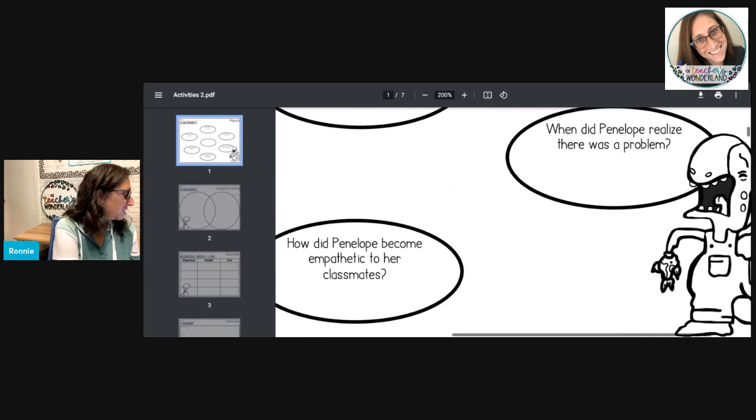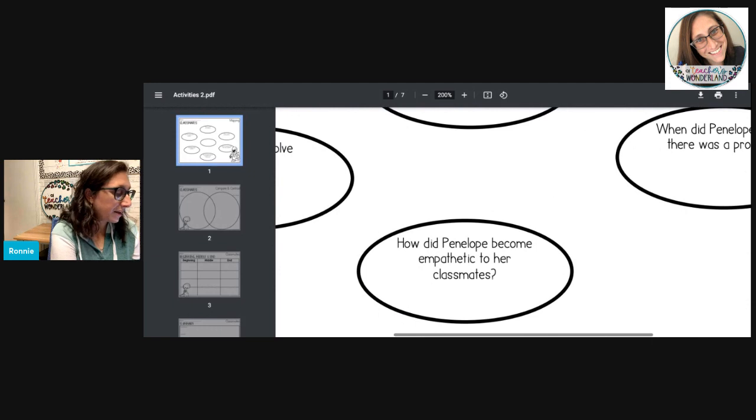It's okay. So Penelope, as she's going, becomes empathetic to her classmates. She didn't even realize there was a problem, to be honest with you. She was just like, what? Why don't they like me? And all of her classmates are running away from her, absolutely scared. But then she's like, well, why don't they like me? What happened that makes them not like me? Well, I try to eat them. So what?